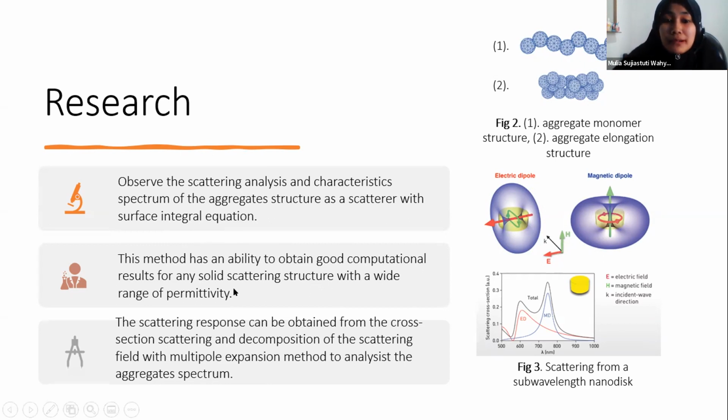The scattering response can be obtained from the scattering cross-section and the decomposition of the scattering field with the multipole expansion method to analyze the aggregate spectrum. From the scattering cross-section, we will get a lot of information about the characteristics of this nanoparticle.